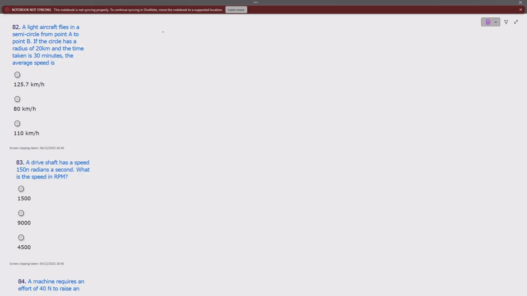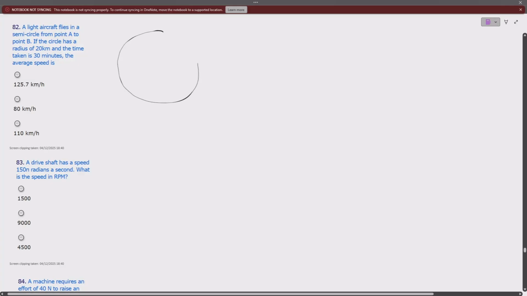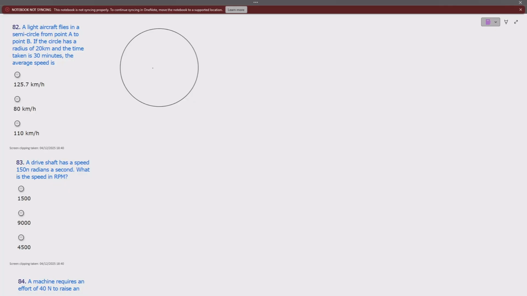So that is a circle. And we know that the circumference of a circle, C, equals 2 pi r. But this is a semicircle. That will be 2 pi r divided by 2.